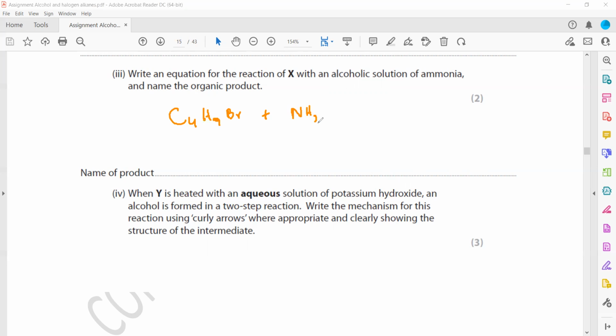Just to explain the idea, in NH3 the N is partial negative and H is partial positive. And here, bromine, which is more electronegative, is partial negative and the carbon chain is partial positive. So a substitution reaction will occur, meaning the NH2 will take the position of Br. The final product will be C4H9NH2 plus HBr.